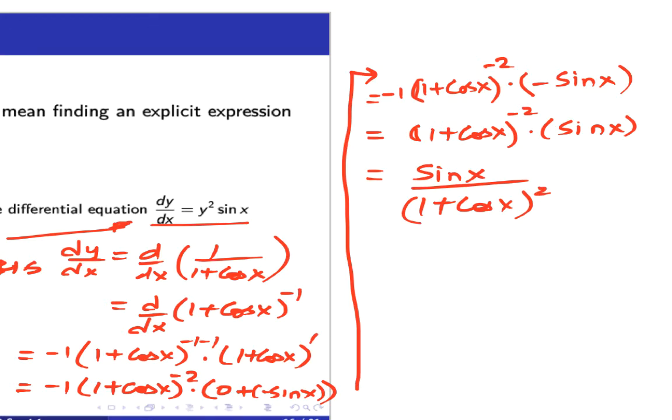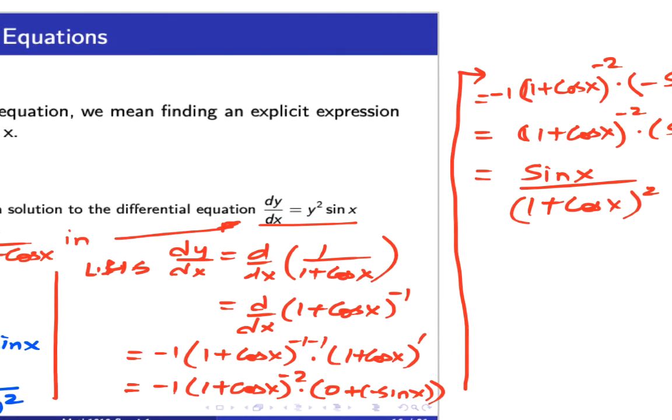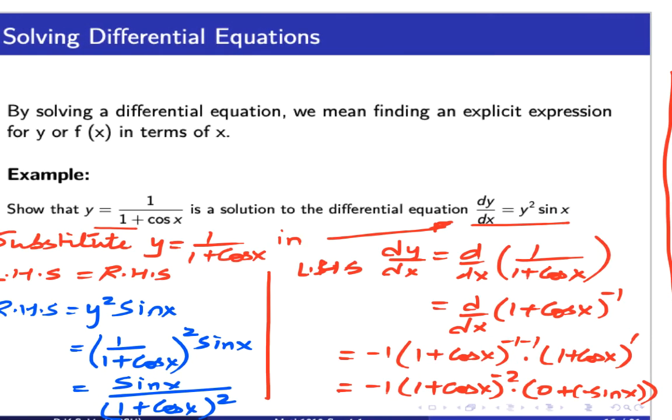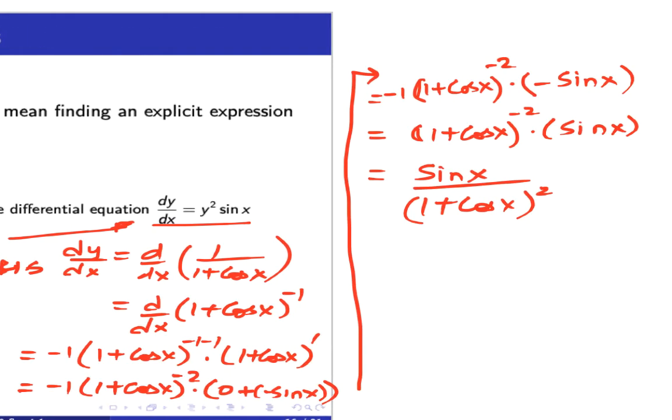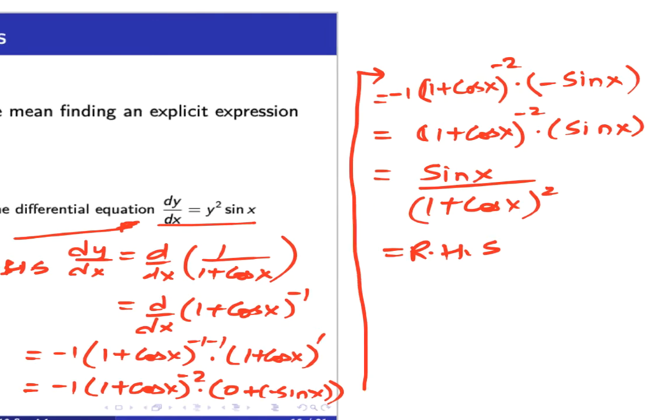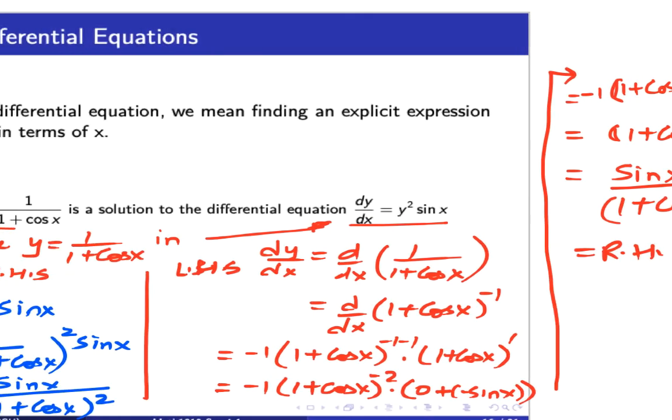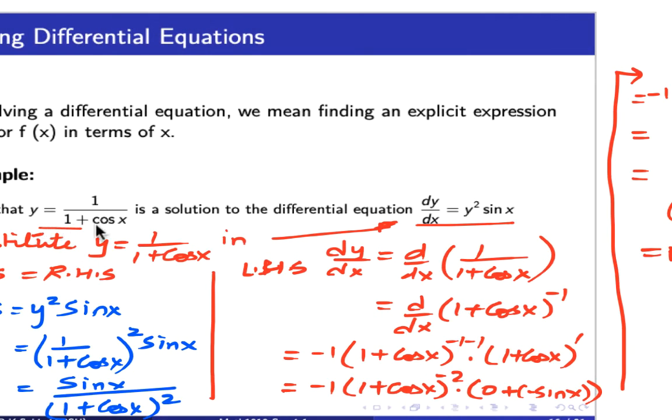Notice this is the same as your right-hand side. Do you see that? So the left-hand side is the same as your right-hand side. Hence we have proved that y equals 1 over 1 plus cosine x is the solution to the differential equation.